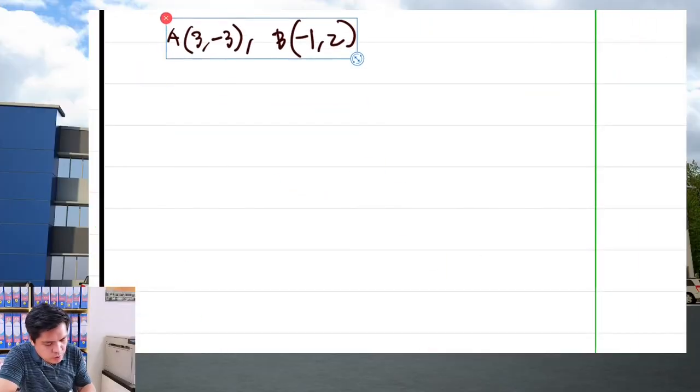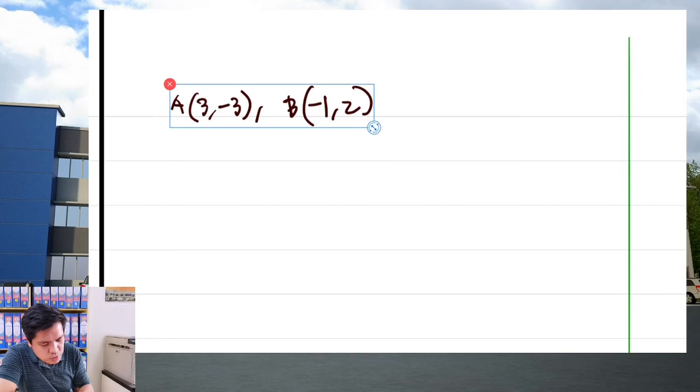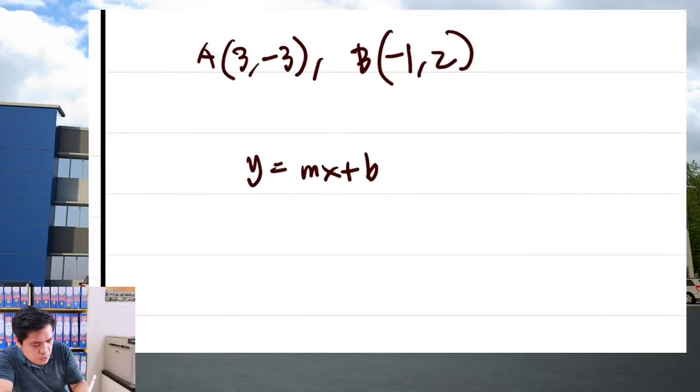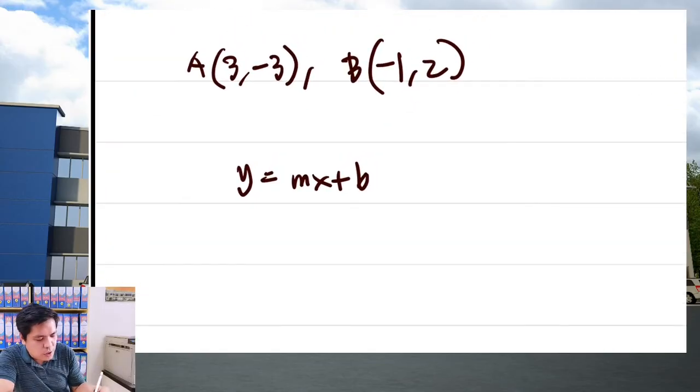Okay. But this time, we'll use the slope-intercept form. y is equal to mx plus b. Mas convenient kasi ito for me. Now, we will be considering either A or B.